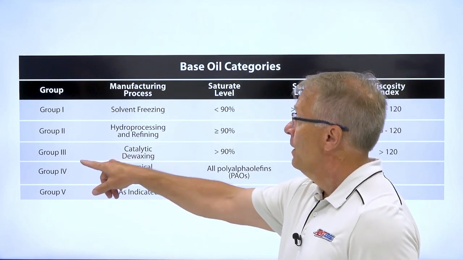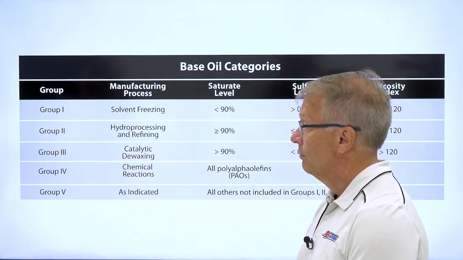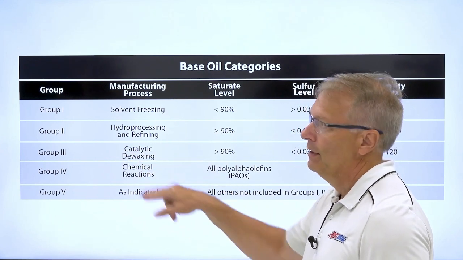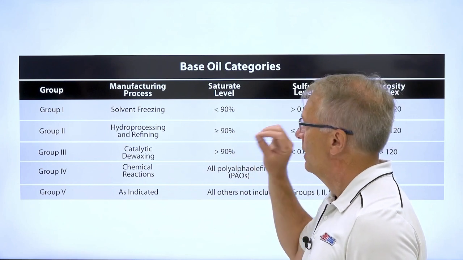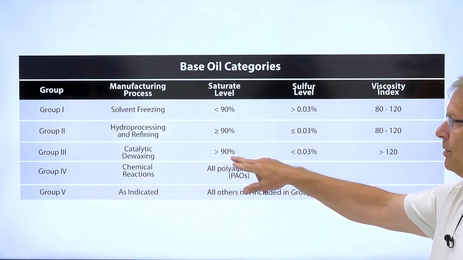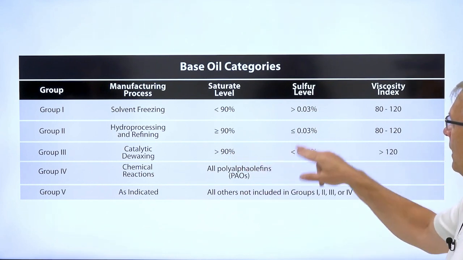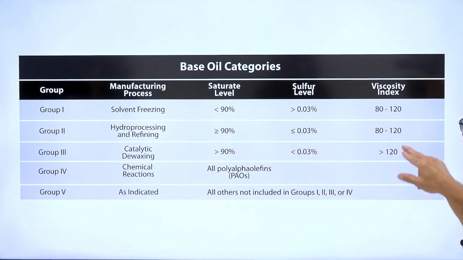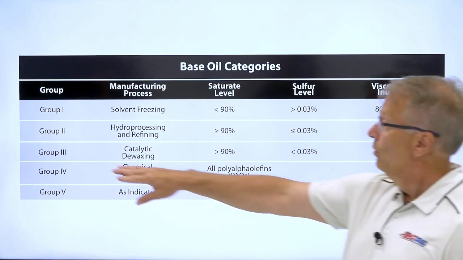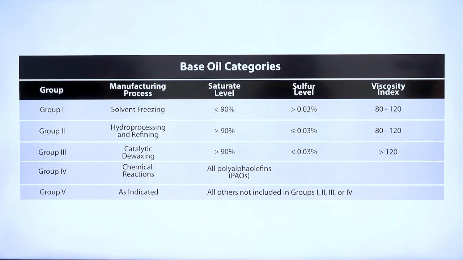So Group 3 base oils are still base oils that come out of the ground, but they're so highly refined, de-waxed, and hydroprocessed that we get way above 90% for the saturate levels. The sulfur level continues to go down, and we get this great viscosity index over here. So greater than 120. Yeah, greater than 120.